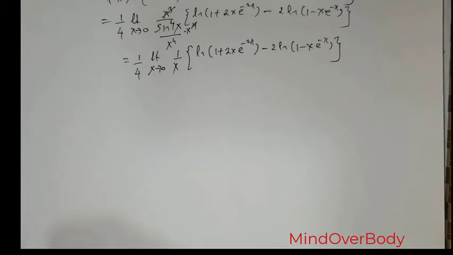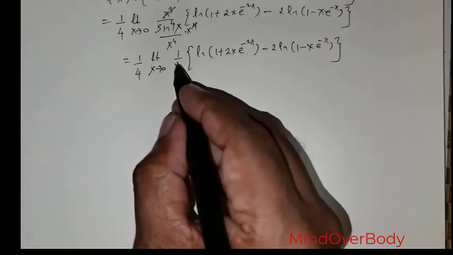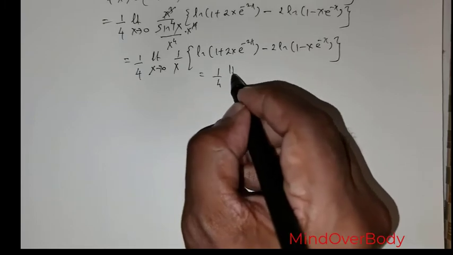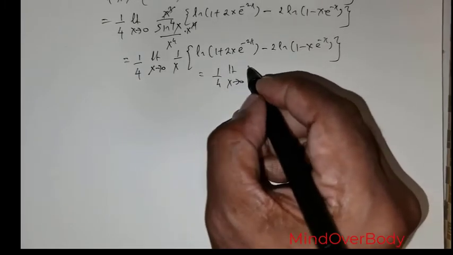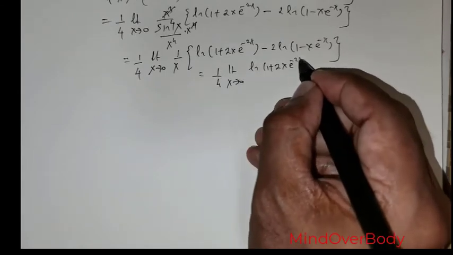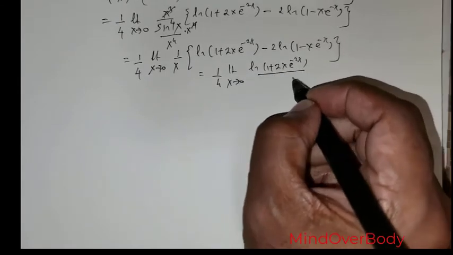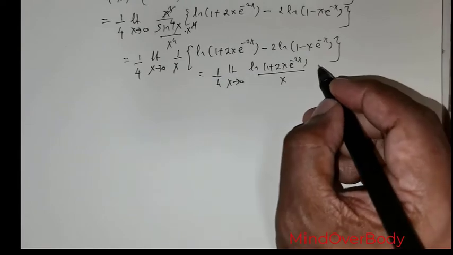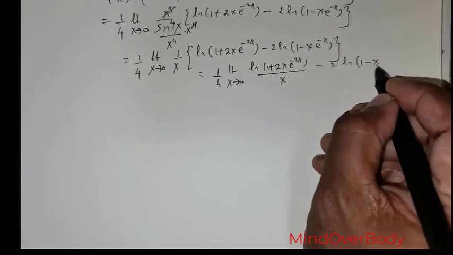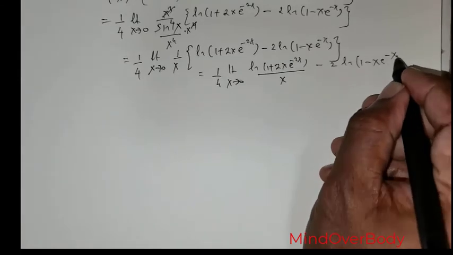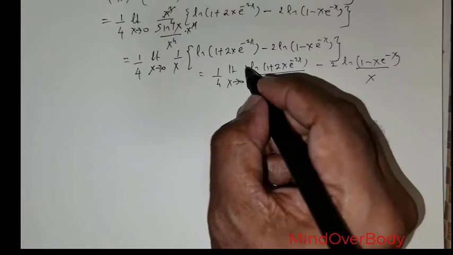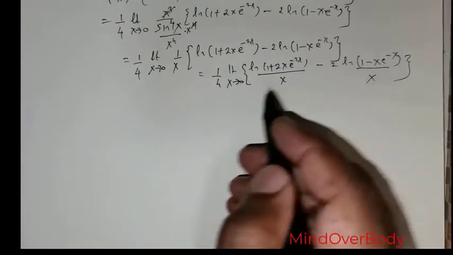This is what I've got. Now I would like to bring the x inside, so this is going to be 1 over 4 times the limit as x tends to 0 of ln of (1 + 2x)e^(−2x) divided by x, followed by minus 2 times ln of (1 − x)e^(−x) divided by x. Of course, I got the limits out.